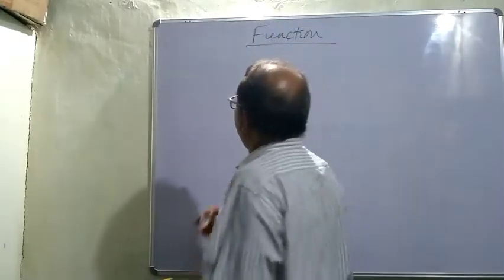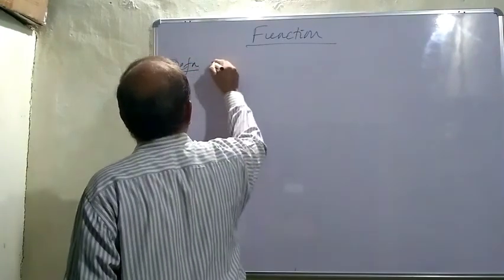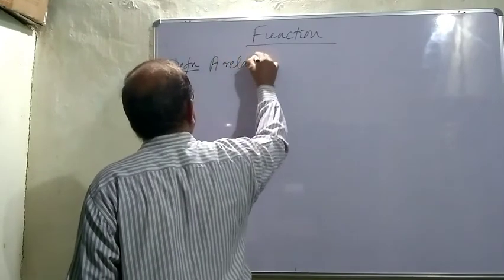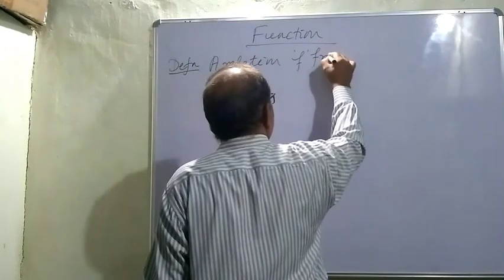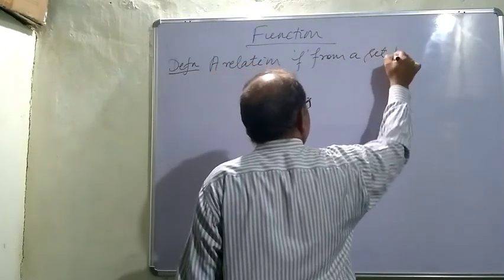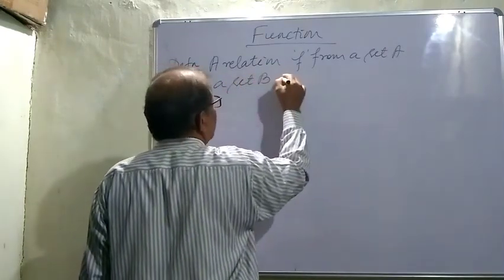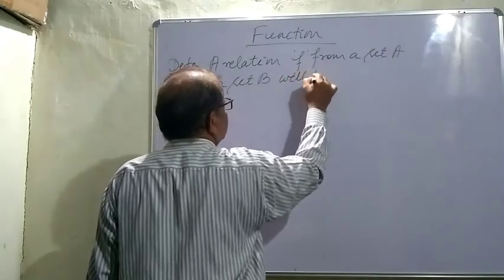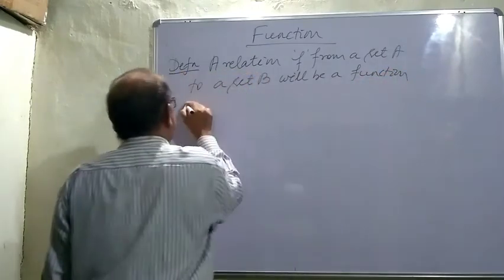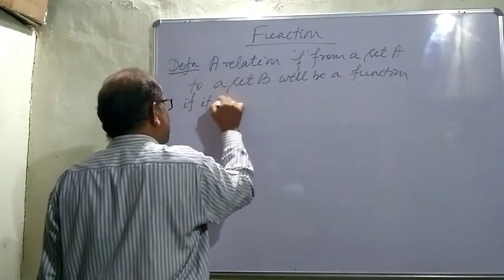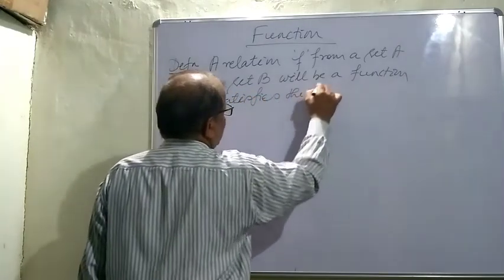Definition: A relation F from a set A to a set B will be a function if it satisfies the following conditions.